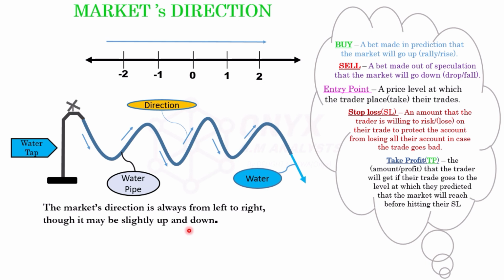Okay? What I mean by that is, let's take for example our water tap. We connect the pipe, and then we switch on the tap so that we can start having some water flowing through the pipe, right? Now, I need you to focus on the pipe. The pipe's direction from the tap is moving from the left-hand side to the right-hand side. But in the middle of this pipe, as you can see, there's this mishmash kind of jiggling, right?